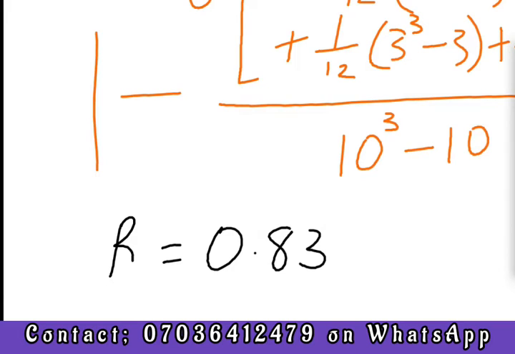Okay, so let me quickly say this here. Now, the idea when solving for coefficient of correlation is just to have a clue of the degree of relationship. So if you use another formula to solve this, you may get 0.88 or you may get 0.9.